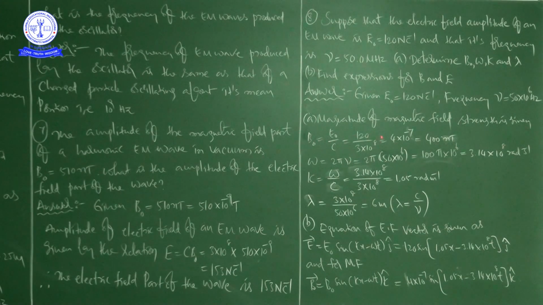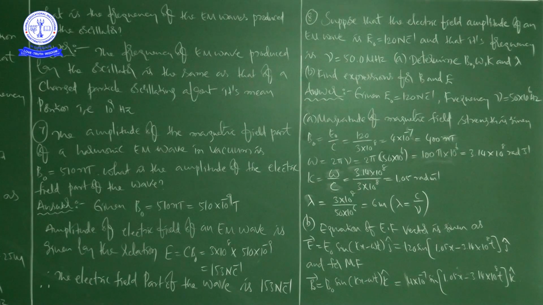Next, the magnitude of magnetic field strength is given by B naught is equal to E naught by c, which gives us 400 nano Tesla. Then omega is equal to 2 pi nu, that is 2 pi into 50 into 10 power 6, which gives us 3.14 into 10 power 8 radians per second. Then we calculated the k value as 1.05 radian per meter, and then the lambda value, which is 6 meters.